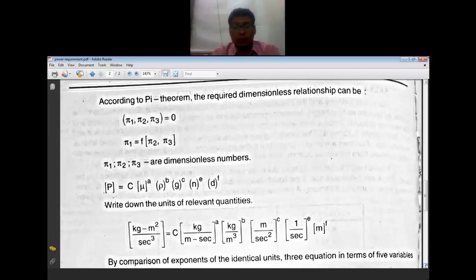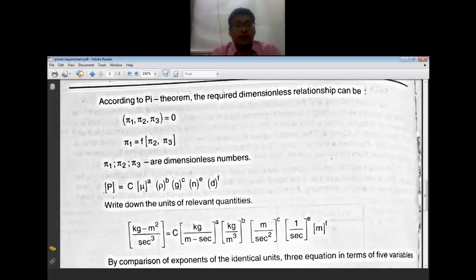So watt becomes joule per second, which equals Newton meter per second. Now what is Newton? It is mass into acceleration, that is kg into meter per second square. So finally your power units become kg meter square per second cube.